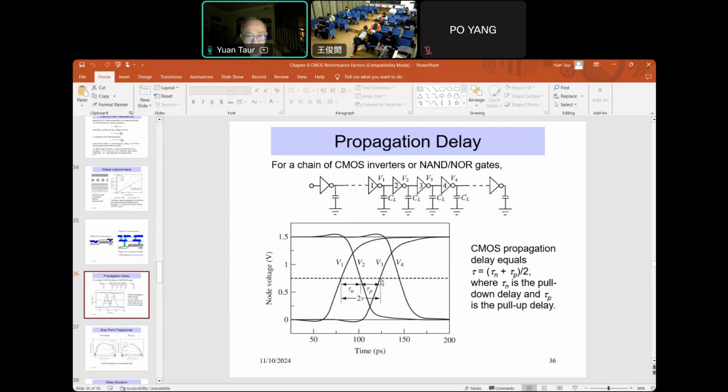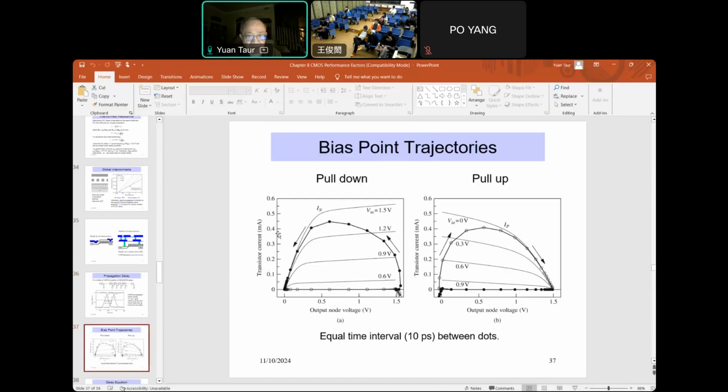And first, let's look at the switching trajectory of those devices. Okay? So for pull down transition, pull down means that you start with output of VDD, and then you turn on the MOSFET, and then eventually the output becomes 0. Okay?